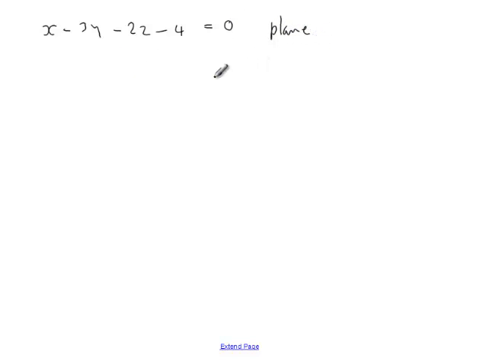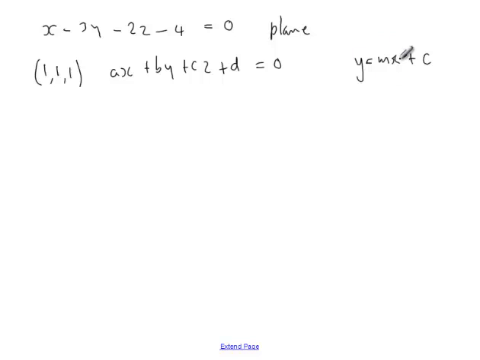Then you need another plane which passes through the point (1, 1, 1), and that plane is ax plus by plus cz plus d equals 0. So our d here is playing the same role as c in mx plus c.